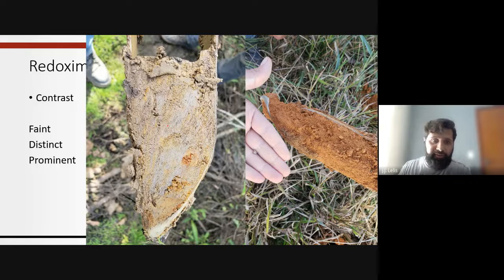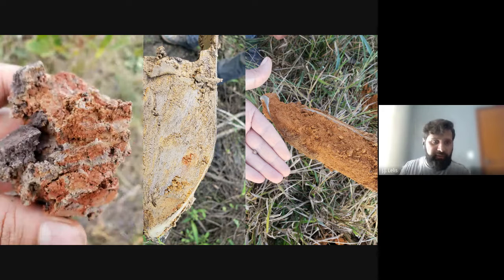Or I can have a distinct contrast, that is easy, I can easily identify the gray color and this yellow color, but it's not so easy. They have the same hue, or they have a slight difference of color, a slight difference of value and chroma, so we have a distinct contrast. And we can identify a very easy to see prominent contrast like this.